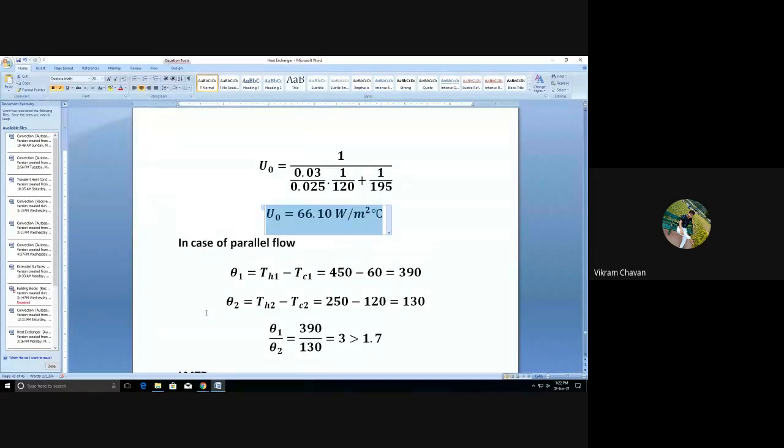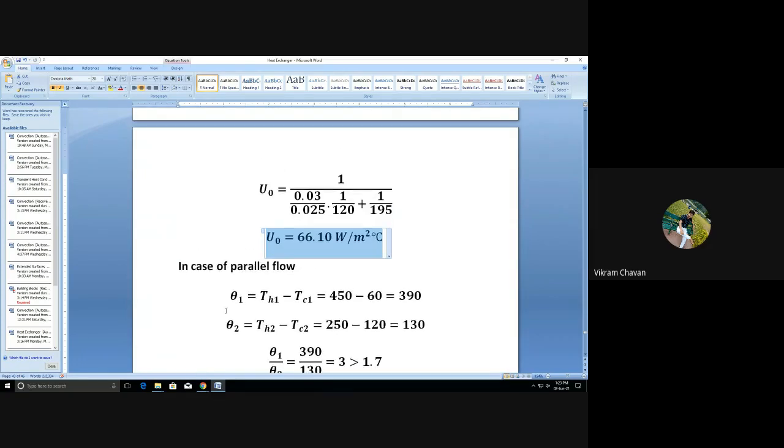In this case, theta 1 divided by theta 2 is greater than 1.7, as we get the ratio as 3. So we can use the LMTD formula.